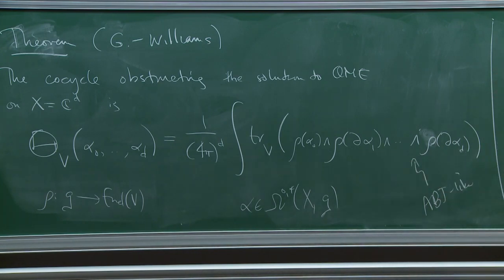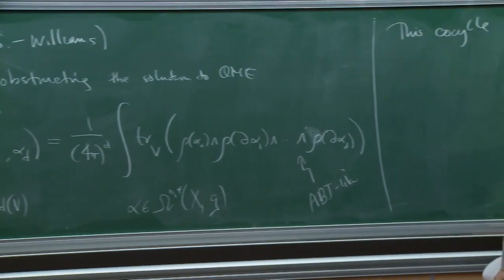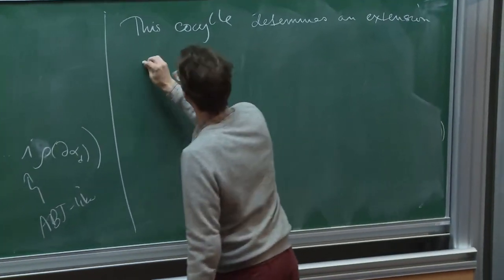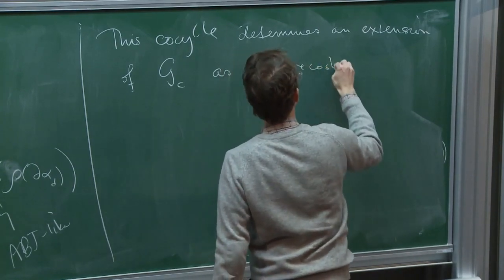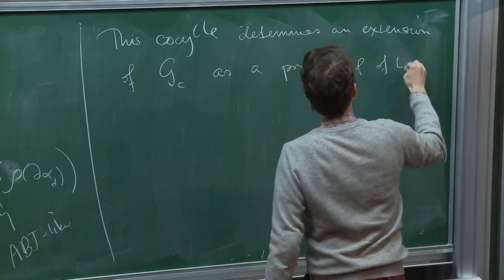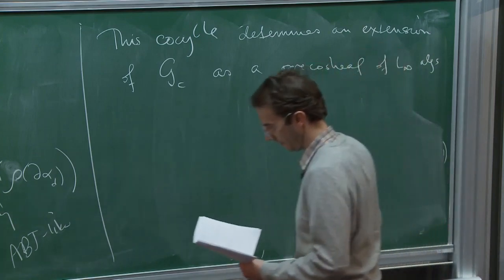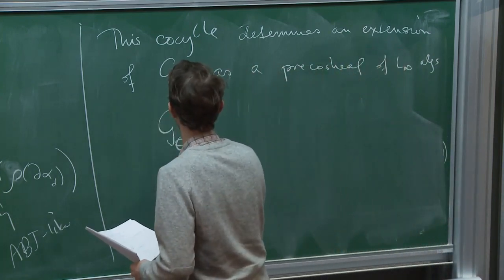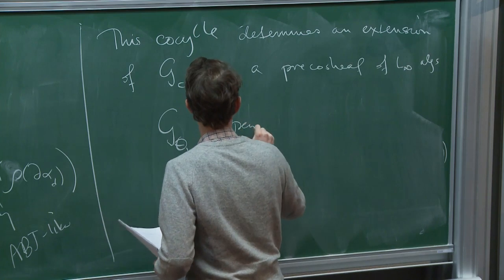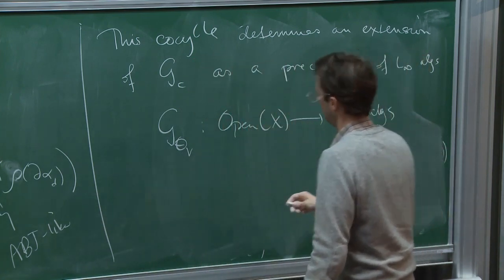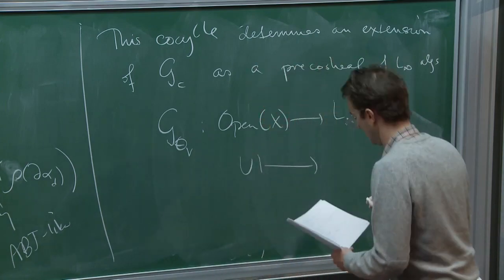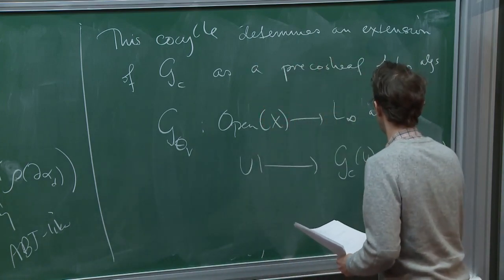Yeah. So this cocycle determines an extension of g_C as a pre-Cauchy, of L infinity algebras. So let's call that g_theta of V. The underlying space looks like this.